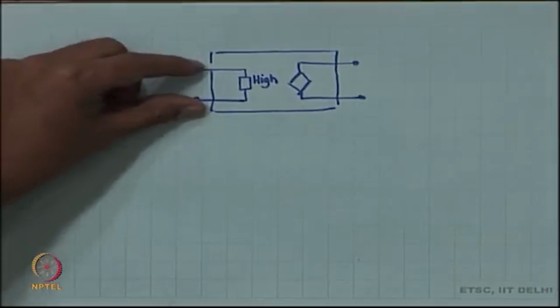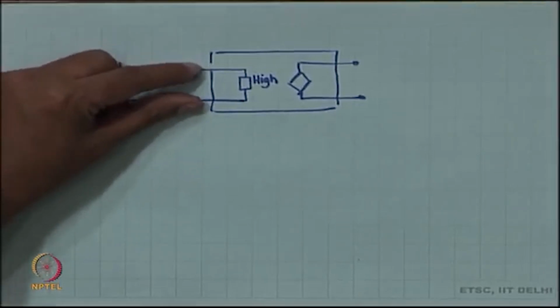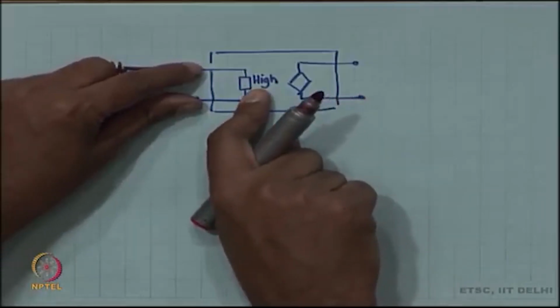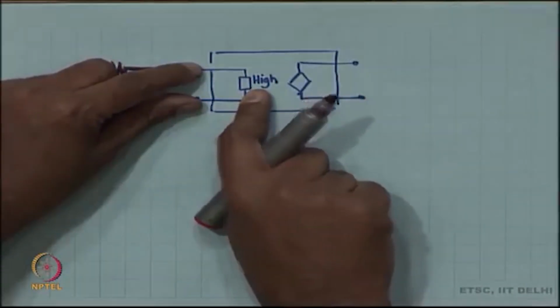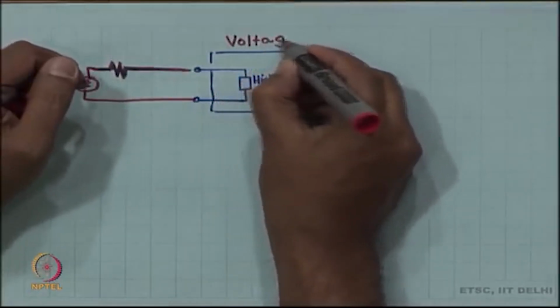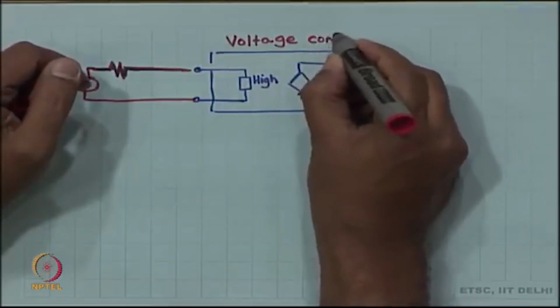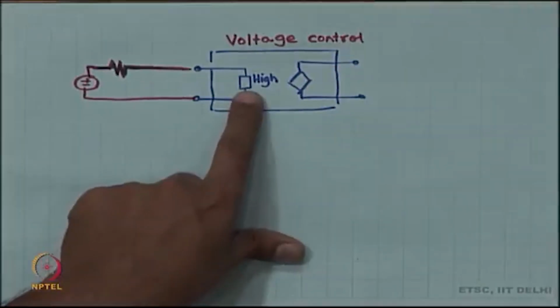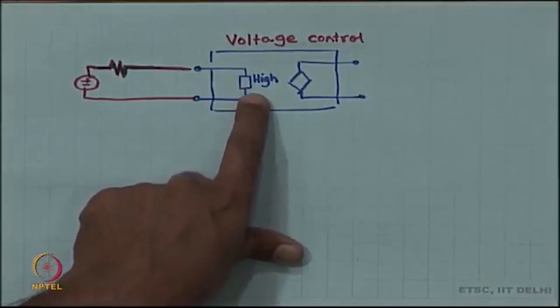The voltage over here does not change because of the impedance over here, right. So, we call this voltage control.